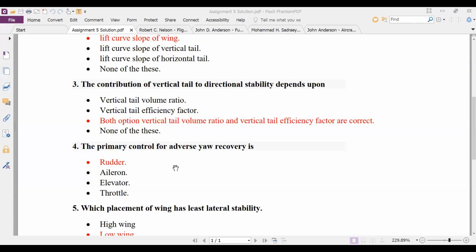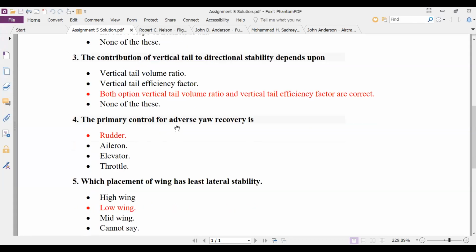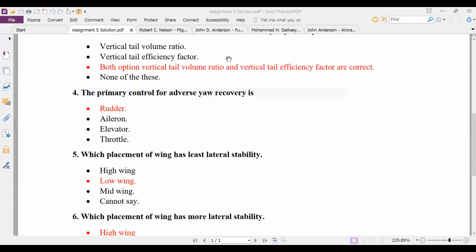The primary control for adverse yaw recovery, the answer is rudder. Someone might want to explain what adverse yaw is and how rudder is helping. Ripinder, do you want to explain? Sir, actually, I'm also confused about this term.